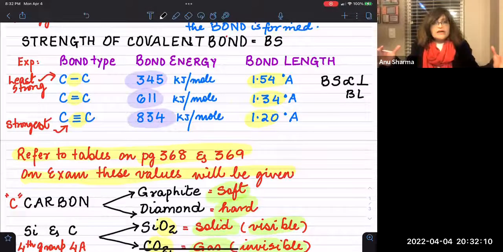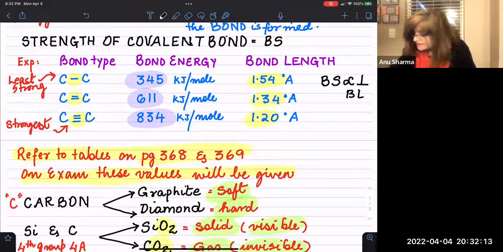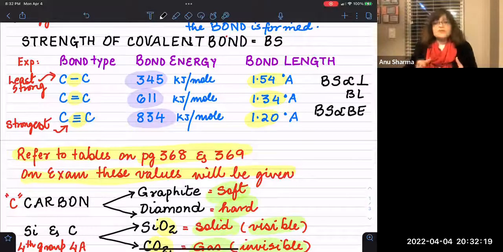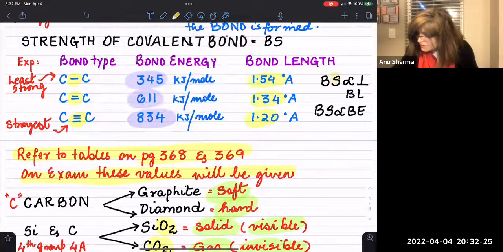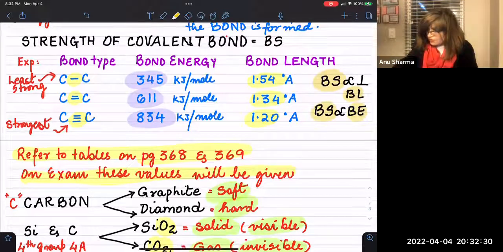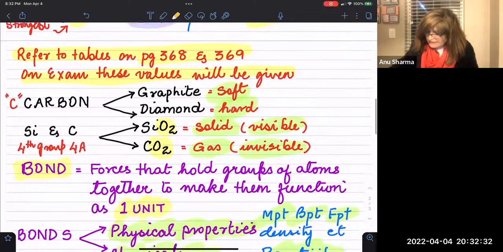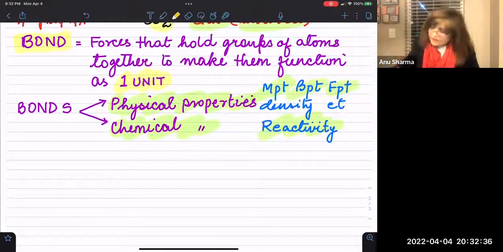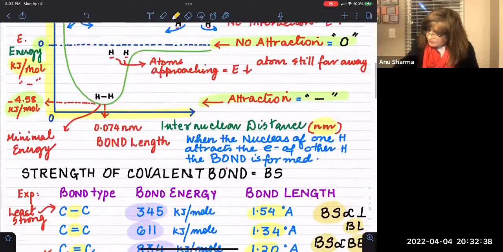The longer the bond length, the weaker the bond strength is. Next, the bond strength is directly proportional to bond energy. So the stronger the bond, the more energy there is in it. This is the relationship you need to keep in mind between bond strength, bond energy, and bond length.